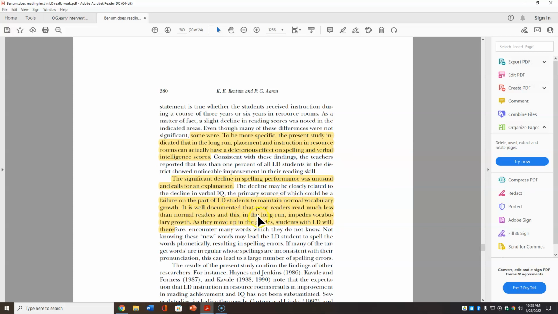It is well documented that poor readers read much less than normal readers, and this in the long run impedes vocabulary growth. As well, they move up in the grades. Students with LD will therefore encounter many words which they do not know. Okay, so these new words lead students to spell phonetically, resulting in spelling errors. So this is a great explanation.